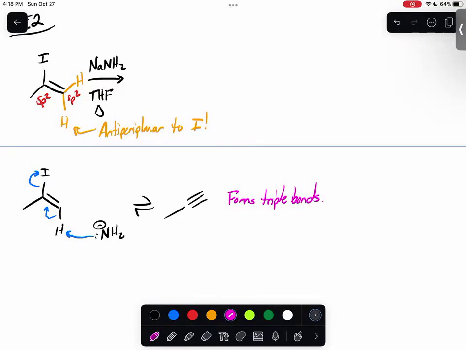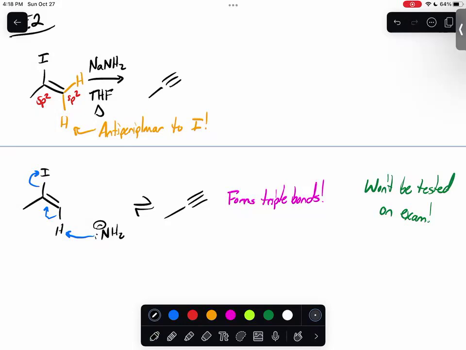right? All in all, though, I will not test you on this for the exam, okay? So keep in mind, this won't be tested on your exam. But I will make sure that you're aware that the other reactions can't occur with sp2 hybridized leaving groups. Okay?